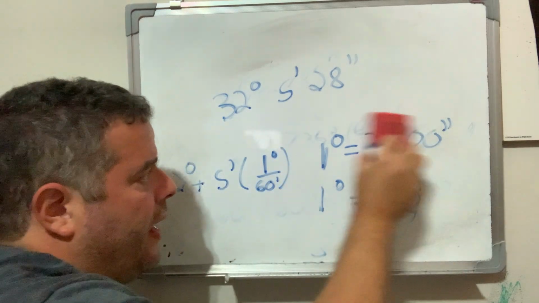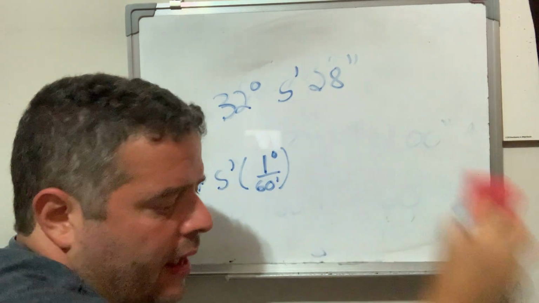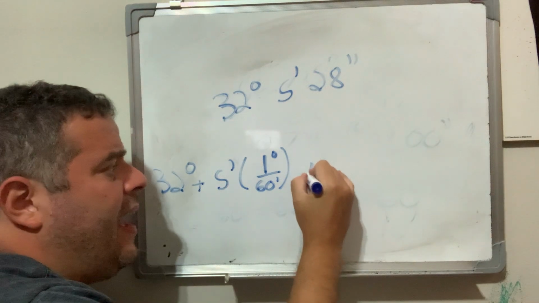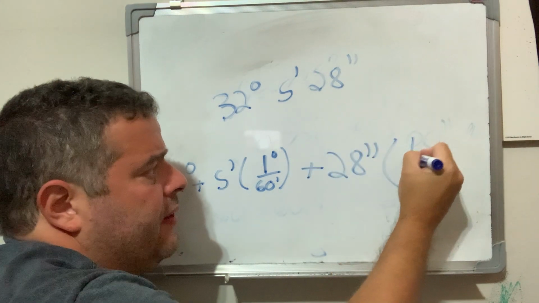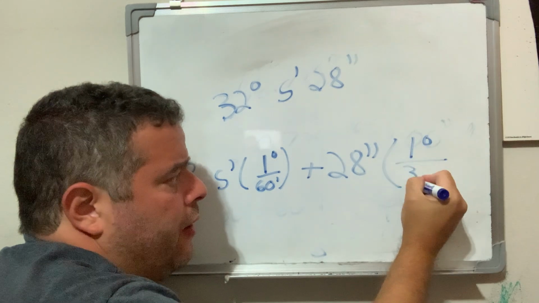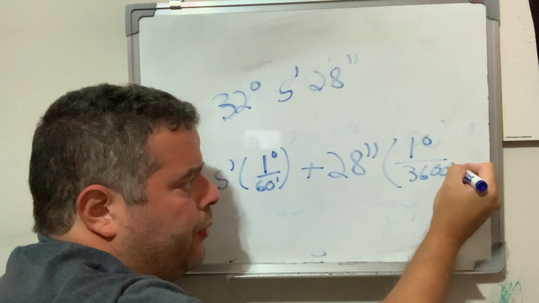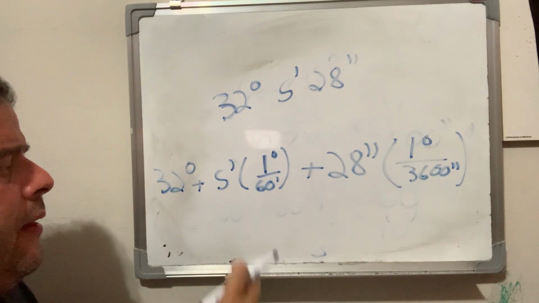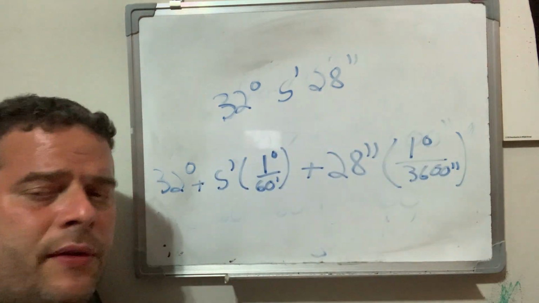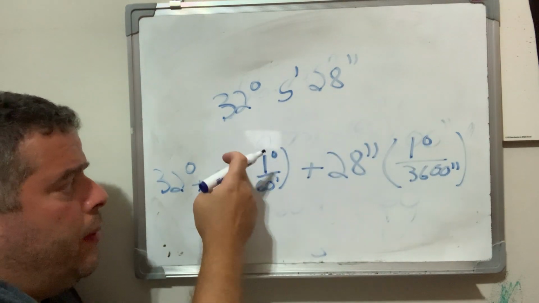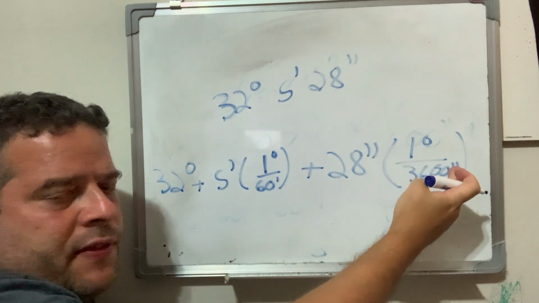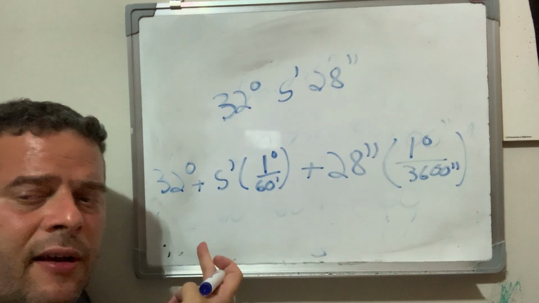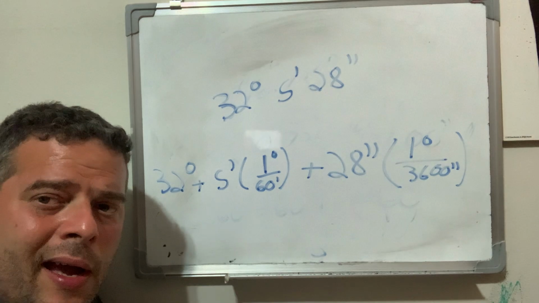Let's go ahead and add more space here. And to this, you again add in your 28 seconds, and in 1 degree, there are 3,600 seconds. And again, here the degrees always go up top because you want to cancel out the minute unit with the minute unit and the second unit with the second unit. And you are only left with degree units, and you add everything up.